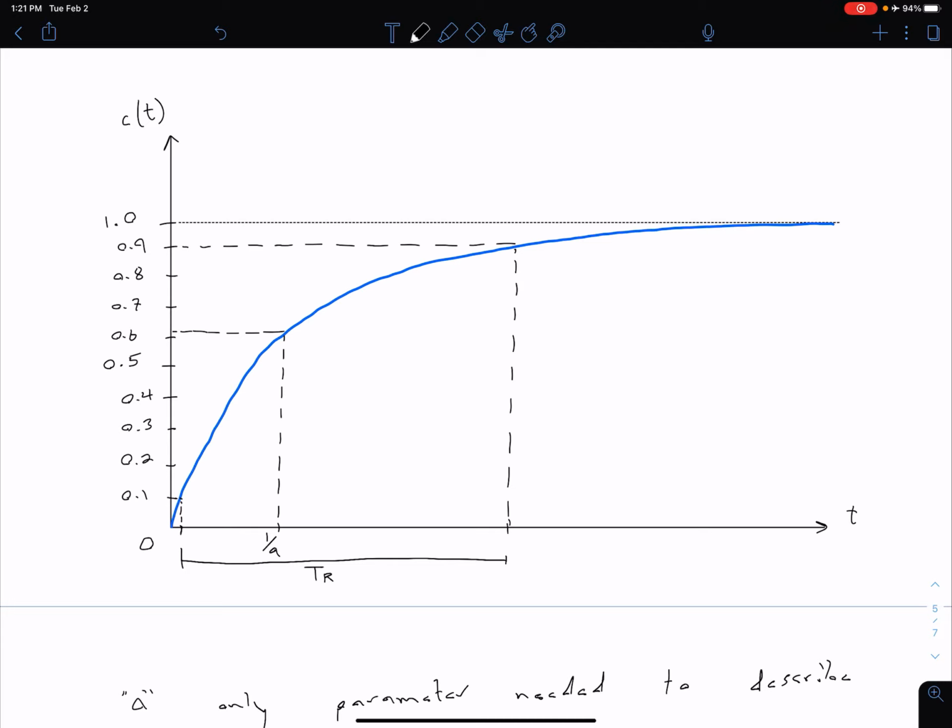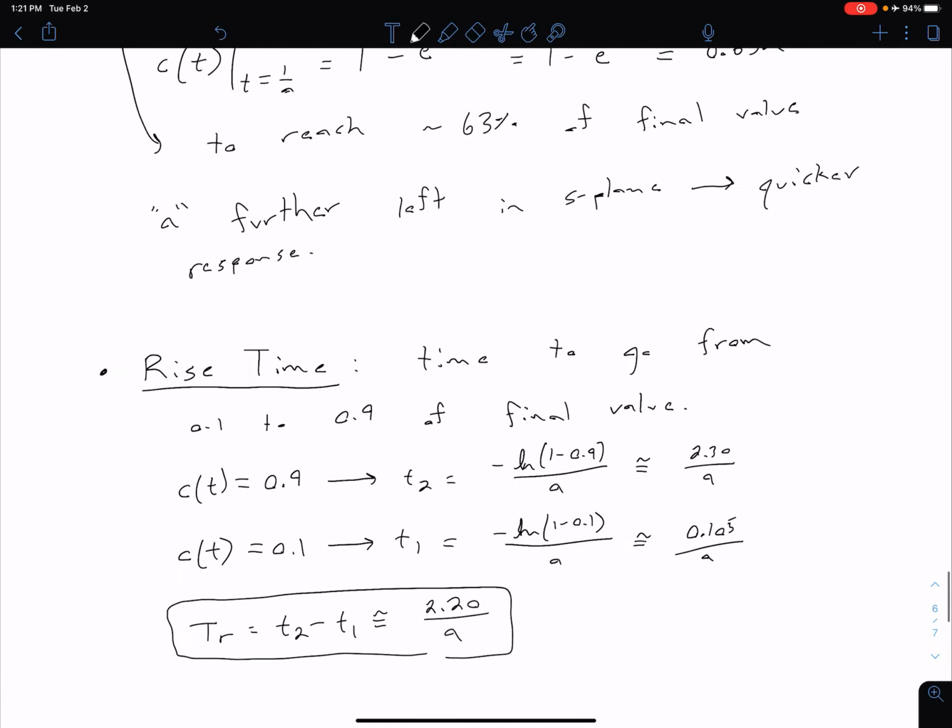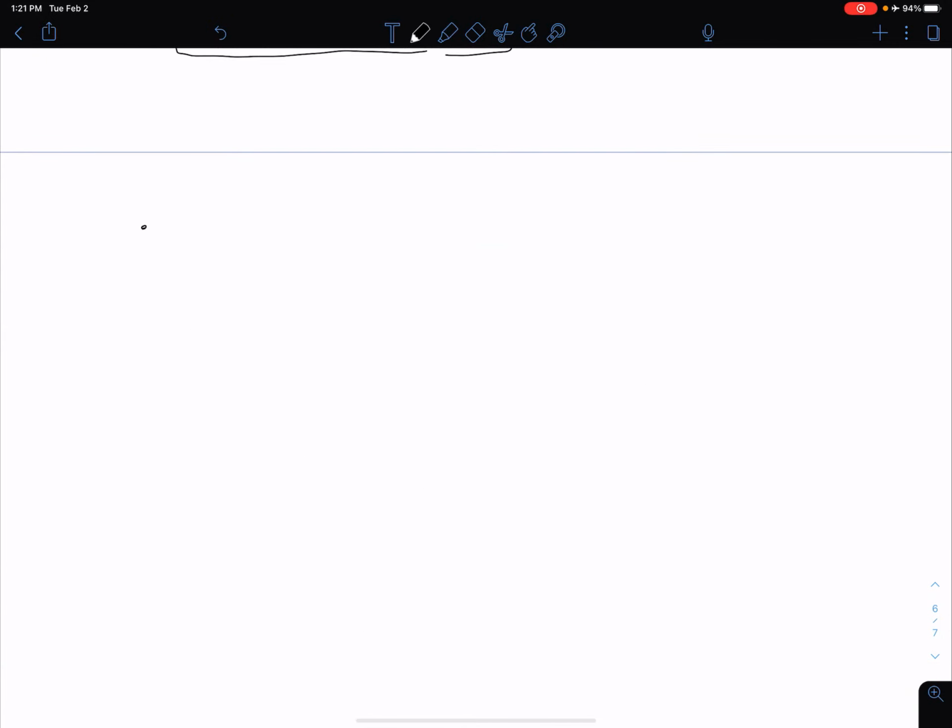Sorry, I have a lowercase r, so let me be consistent with my notation. So that's our rise time T sub r. That's a little bit more than 2 over A, so let me just roughly say this is 2 over A right here. The other important metric that we have is something called settling time.